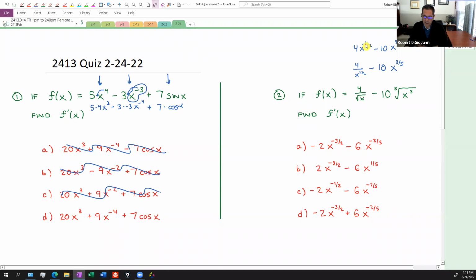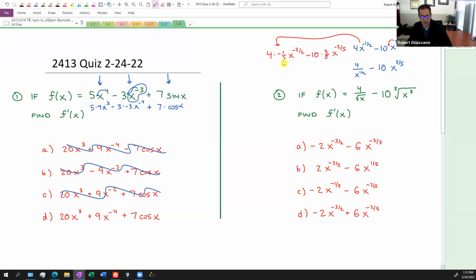For this one, you bring the 4 along for the ride, -1/2 comes out, and then you subtract 1 from -1/2 and you get -3/2. On the second one, the -10 comes along for the ride, and then the 3/5 comes out, times x, and then you subtract 1 from 3/5 and you get -2/5.